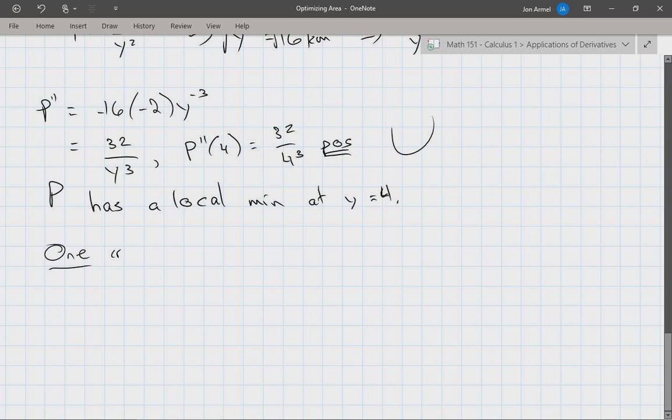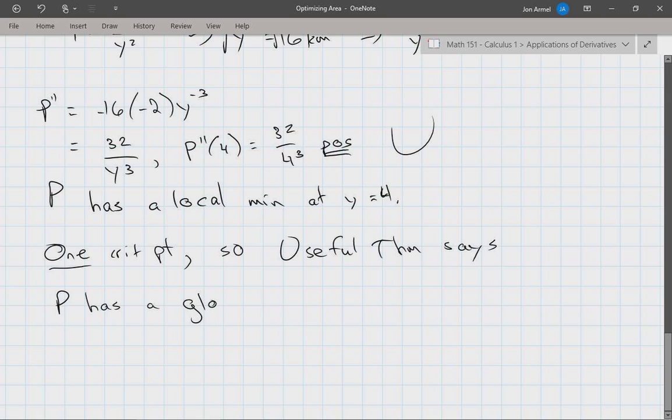So the useful theorem says that this local minimum is actually a global minimum. P has a global min at y equals 4.